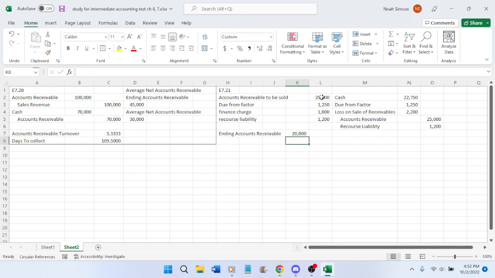Their ending accounts receivable is this. So average net accounts receivable is equal to 15 plus 20 divided by 2.